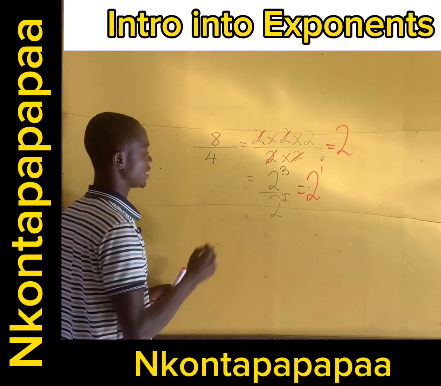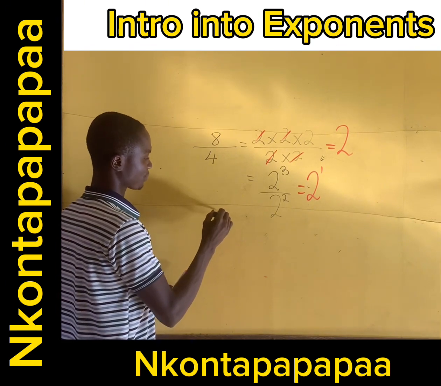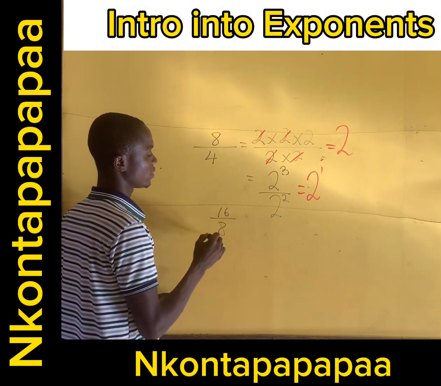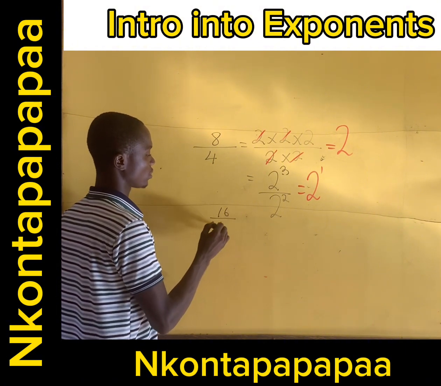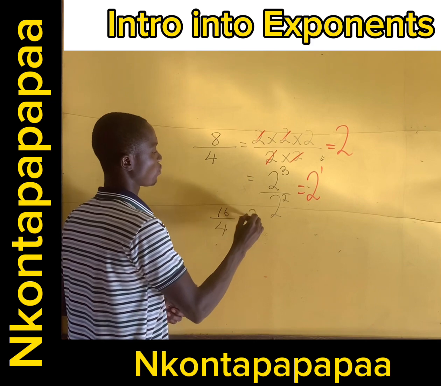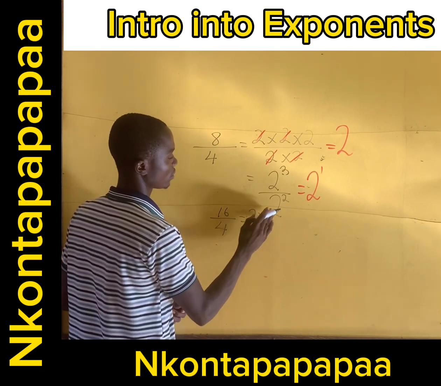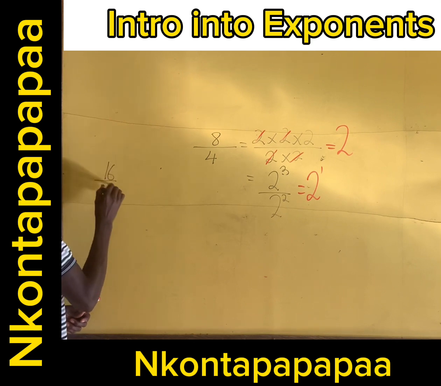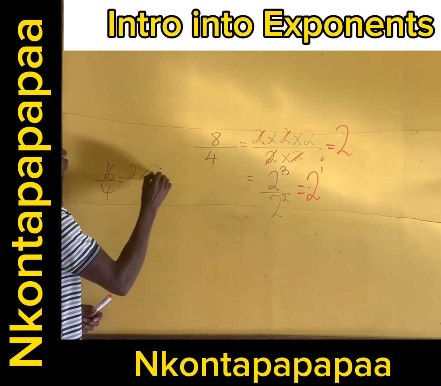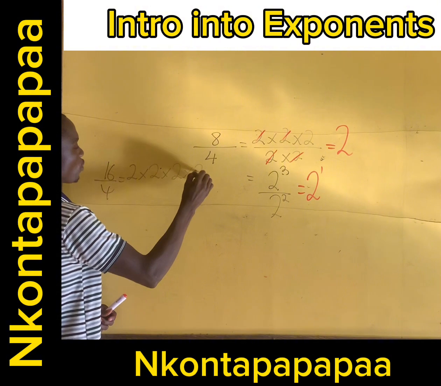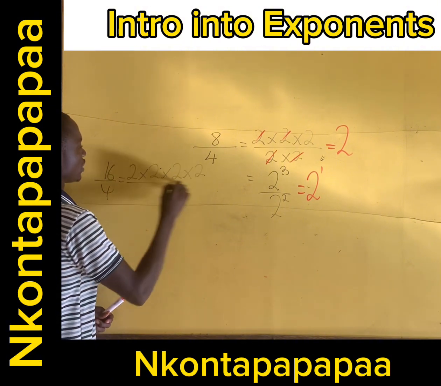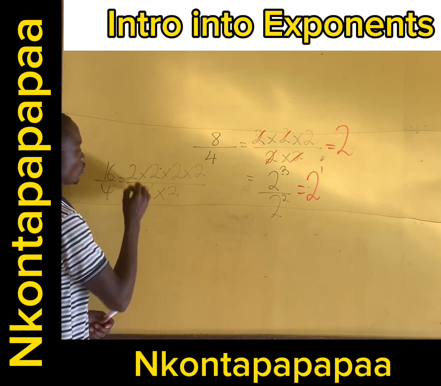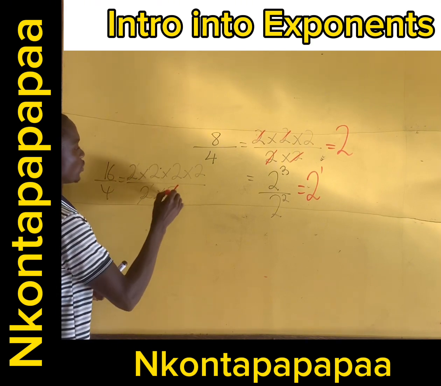Let's check another one and see. Let's say that I have 16 divided by 4. 16 will give me 1, 2, 3, 4, divided by 1, 2. So these 2 will cancel these 2. These 2 will cancel these 2.